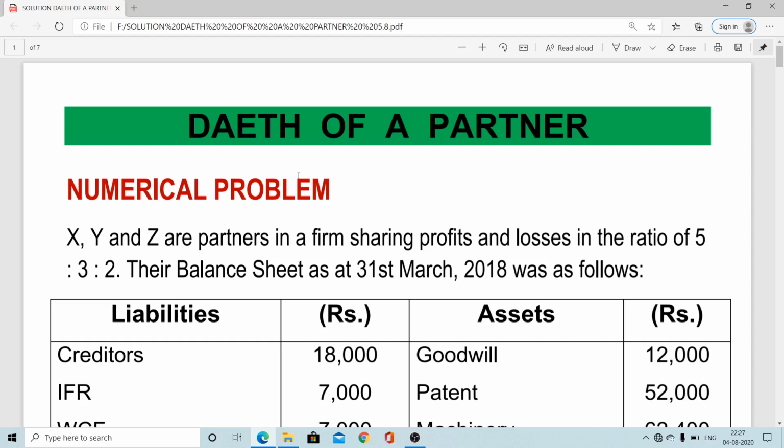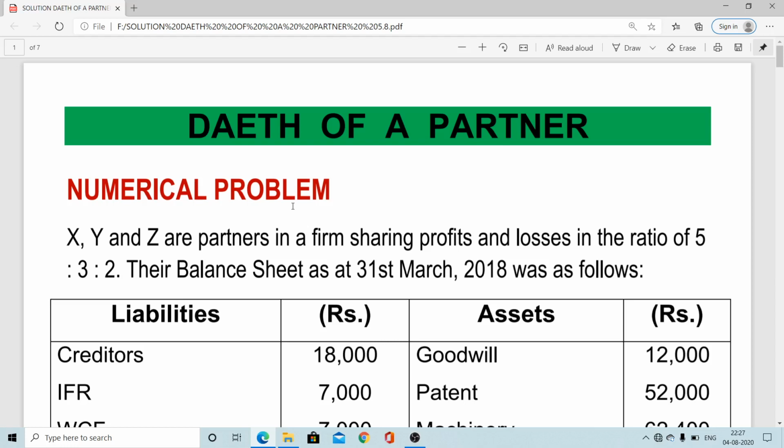In this problem, we are going to consider all details, and as per the present syllabus requirement, there is no need to show all these details. But as we are getting similarity with the retirement of a partner, we will consider it on the basis of retirement.